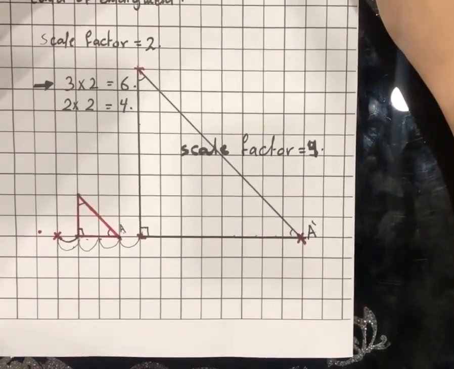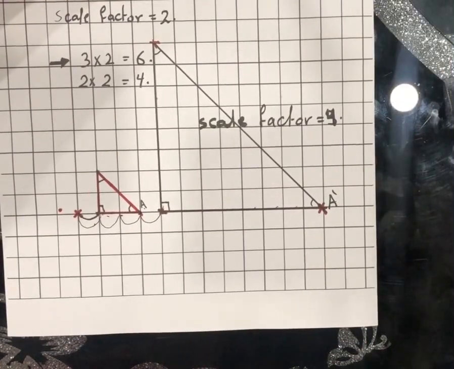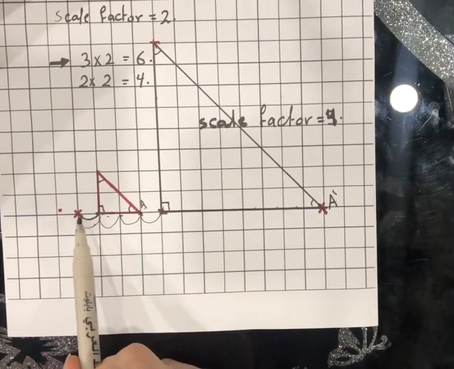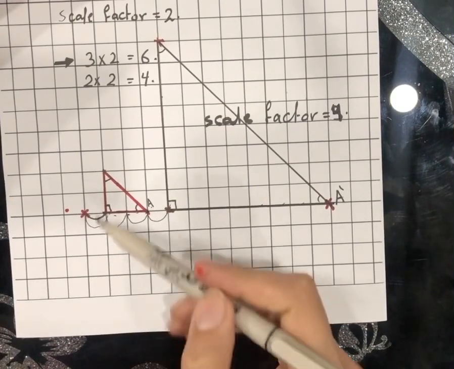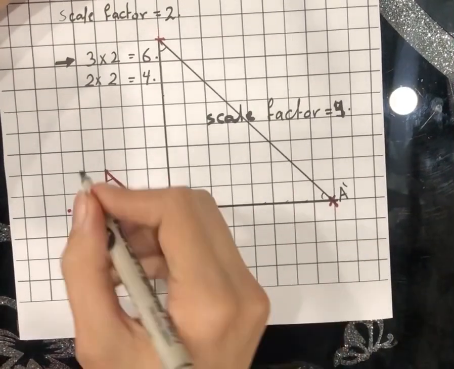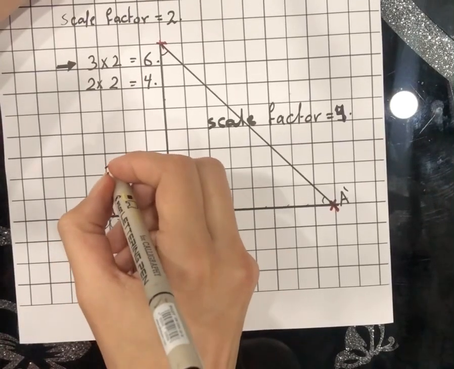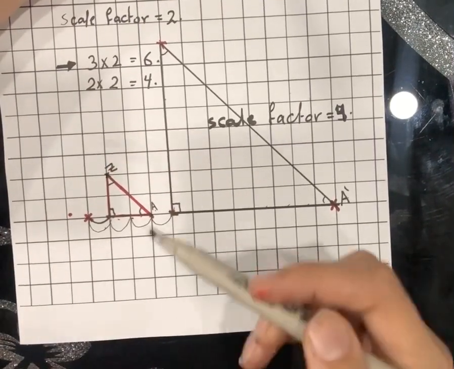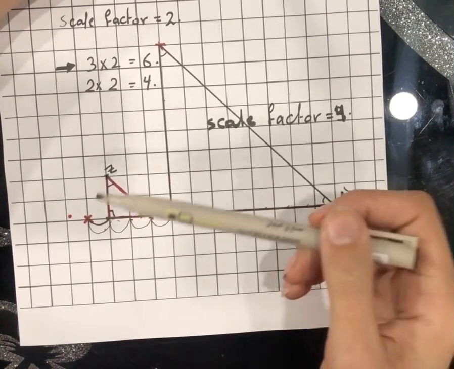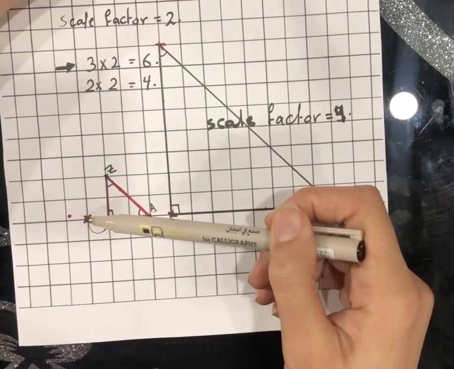And of course, you need to remember, for enlarging my shape, I only need to take the base of a triangle and the height of the triangle. See, for this point, if it was called point Z, it is 2 squares away from my center.